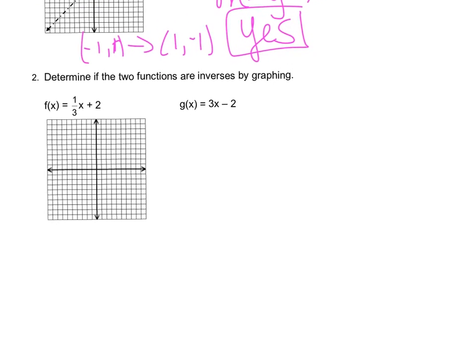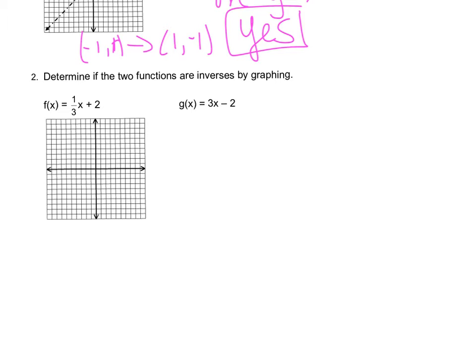Okay, number 2, we're going to determine if the two functions are inverses graphically. Notice this one, we are not given the graphs. So we're going to have to find the graphs first, and then determine if they're inverses. Since both of these are linear, we could plug it in the calculator, but we can also use slope and y-intercept. On this first one, the slope would be 1/3, and the y-intercept is 2.